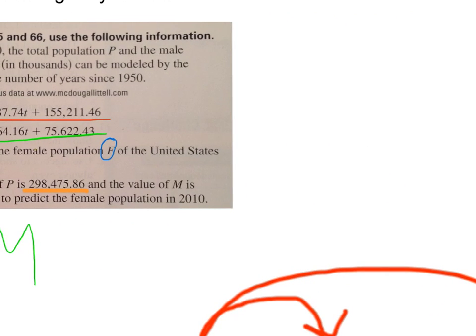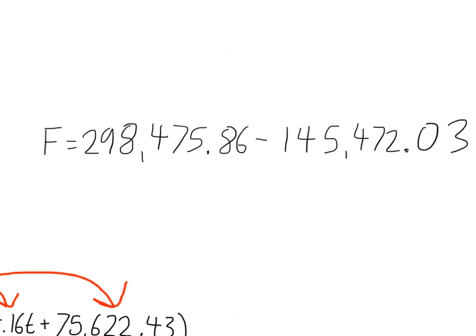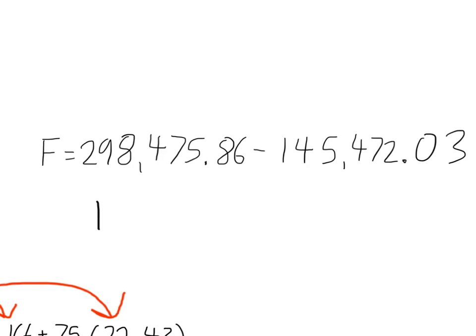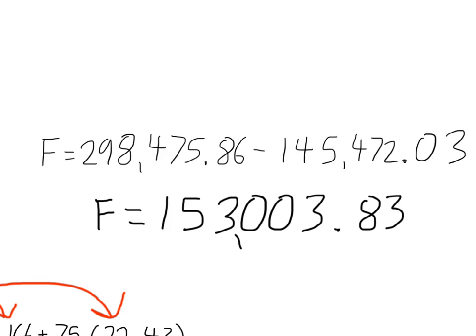So we have this equation, F equals 298,475,000 minus 145,472,000. This is going to give us F equals a female population of 153,000, and that's in thousands.